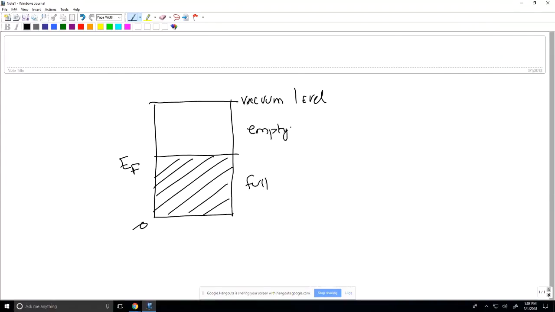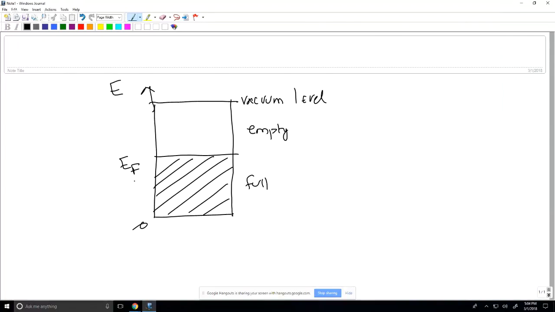But the important fact to note is that between the full and the empty states, there is absolutely no energy gap. The y-axis here represents energy. Because there is no gap, metals are said to be very good conductors. There are a lot of empty states available for metals in order to conduct.